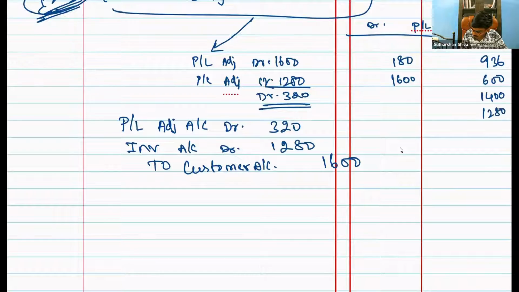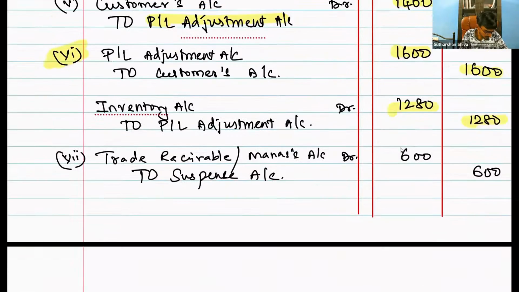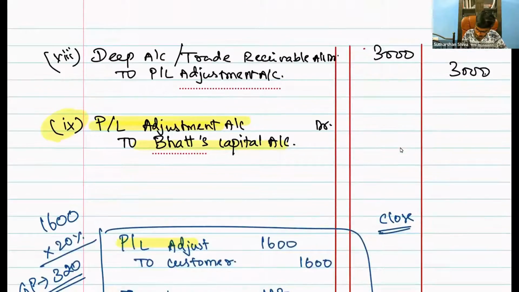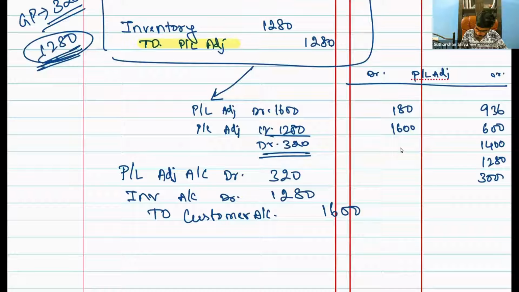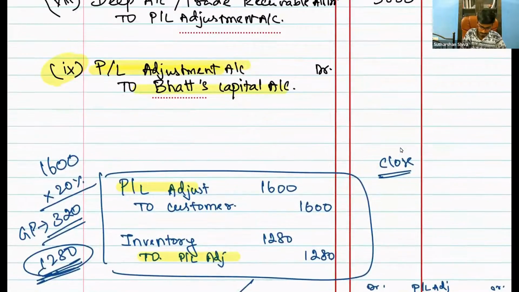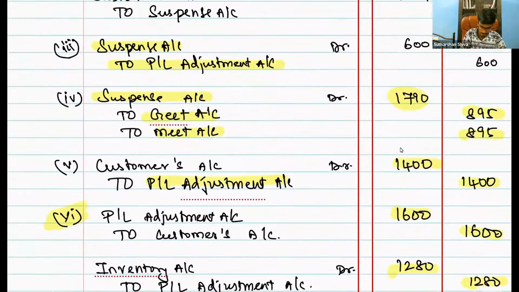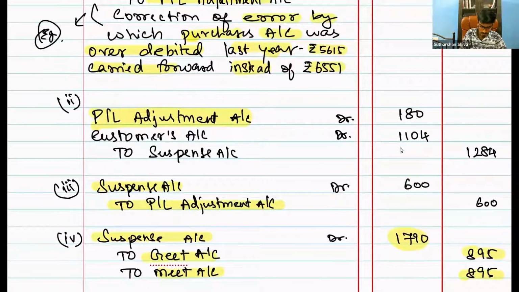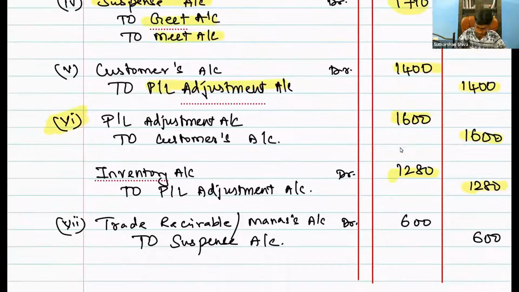Now if you tally this, just tally that point. Tally the value. What is the total for that value? 936 plus 600 plus 1,400 plus 1,280 plus 3,000. If I am not wrong, you will get 7,216.